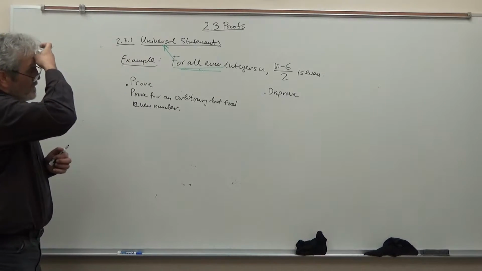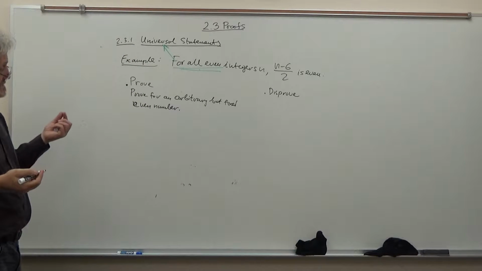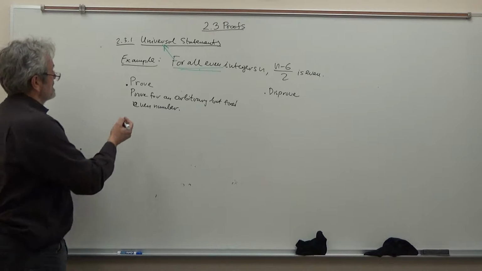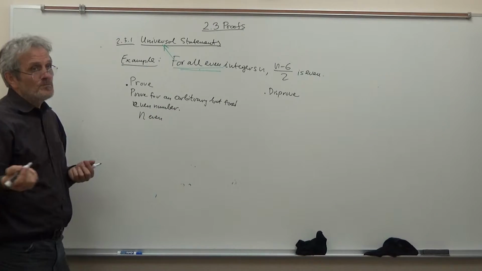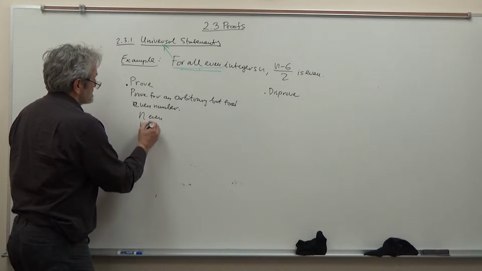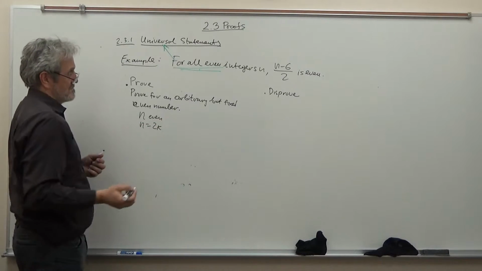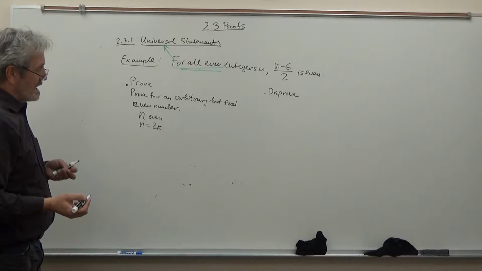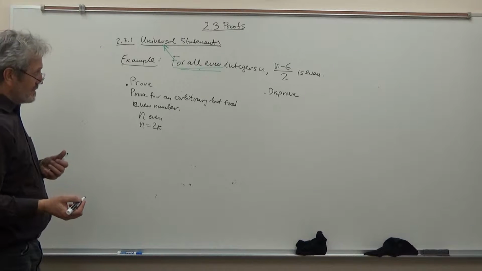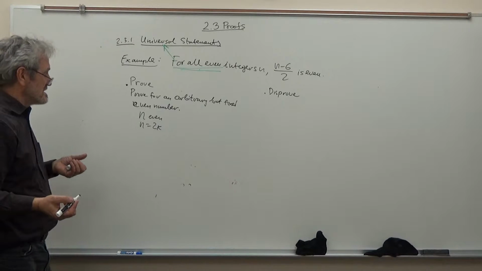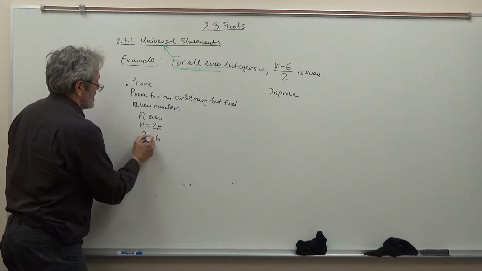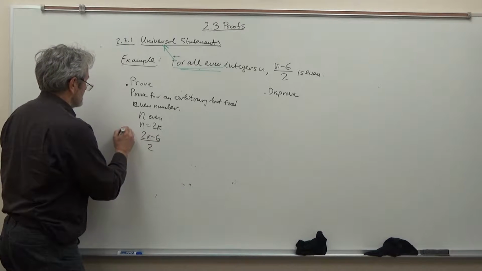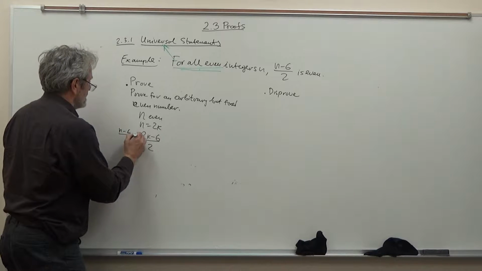So we need to start with the assumption that our number is even, so let n be even. What does that mean? That n equals 2k. And from there I want to show that n minus 6 over 2 is even. Let me try it. I go 2k minus 6 over 2, because that's n minus 6 over 2.